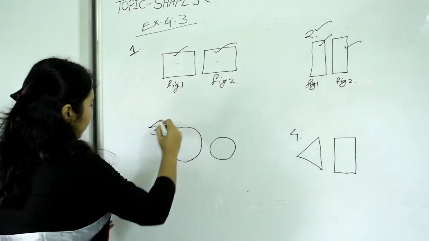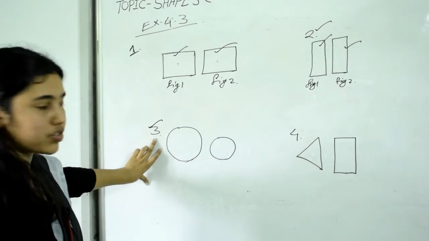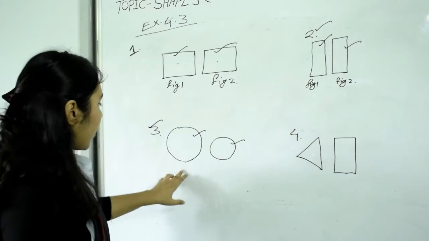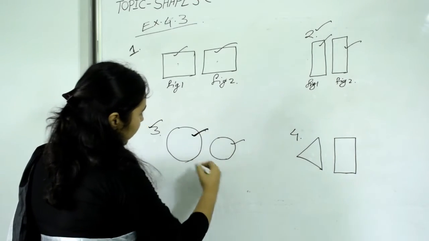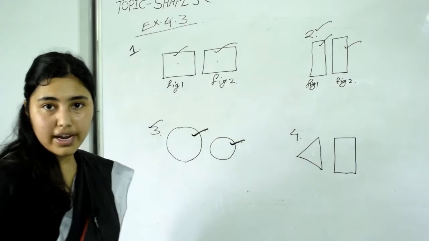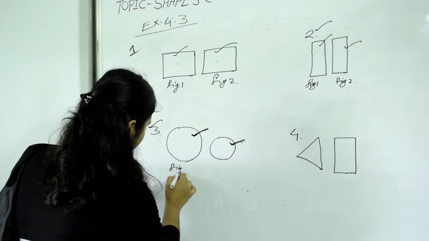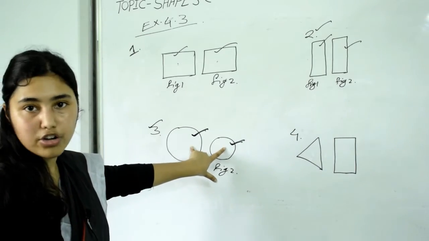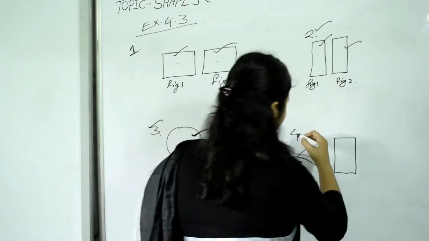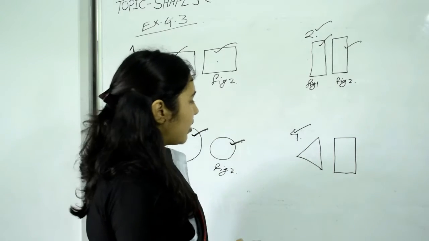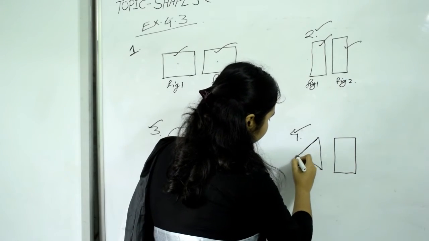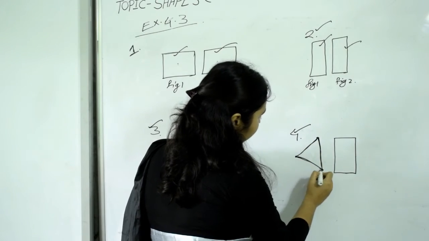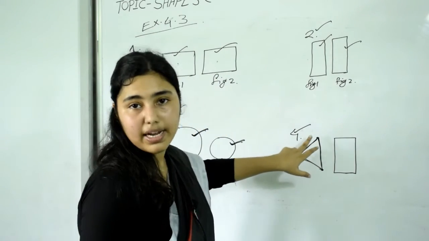But consider example 3. Here both are circles, right? But this circle is bigger than this one, so these two figures are not congruent. Next, in 4, look at this figure: 3 vertices with 3 sides, right?